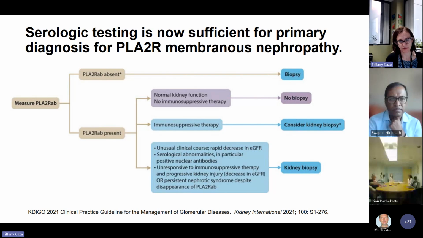But if both are positive, a patient has a normal GFR and they don't have another reason to have proteinuria, such as diabetes, they may have a presumptive diagnosis of membranous. If they have low renal function or comorbid conditions that could be responsible for their proteinuria, those patients should still undergo a kidney biopsy.